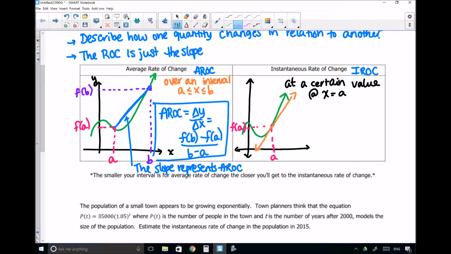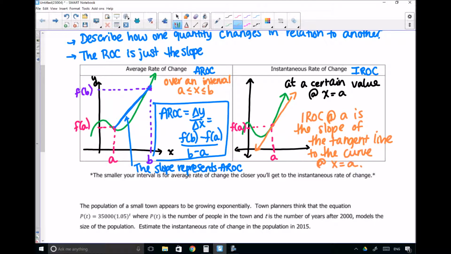So our instantaneous rate of change at A is the slope of the tangent line to the curve at x equals A. Okay, and your A can change, right?